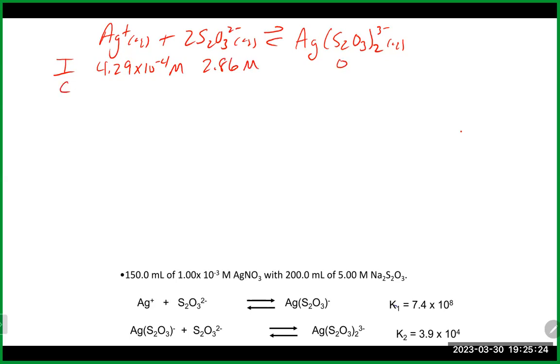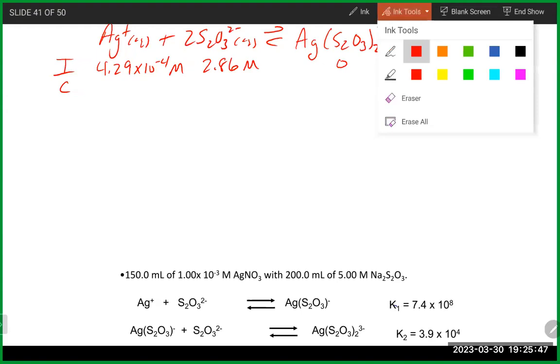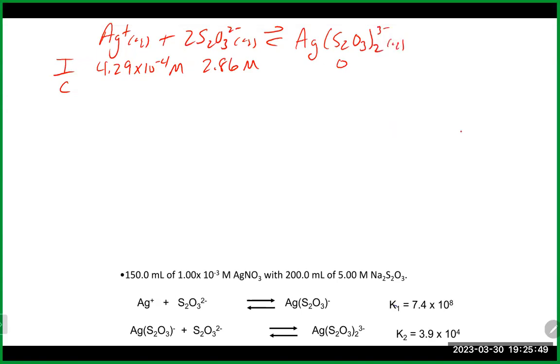Once again, because this is the formation of a complex ion, we're going to make our first assumption, which is all of that silver should end up in the complex ion. We saw the K value was like 10 to the 13, right? So we should make that assumption. So here we're actually going to use numbers. And the change should be the amount of the silver ion, as that is the one that gets tied up. So there's going to be minus 4.29 times 10 to the minus 4.